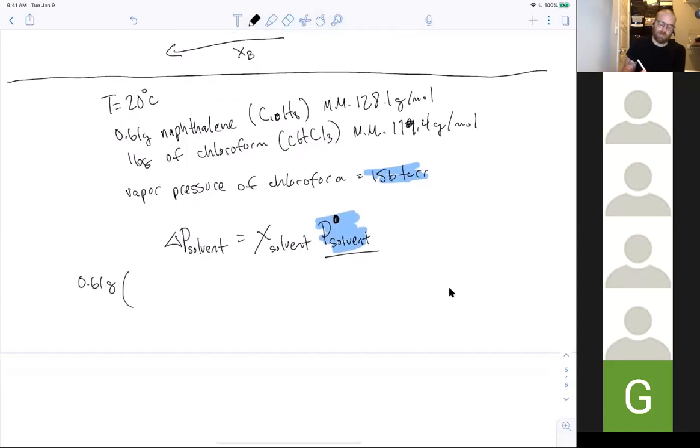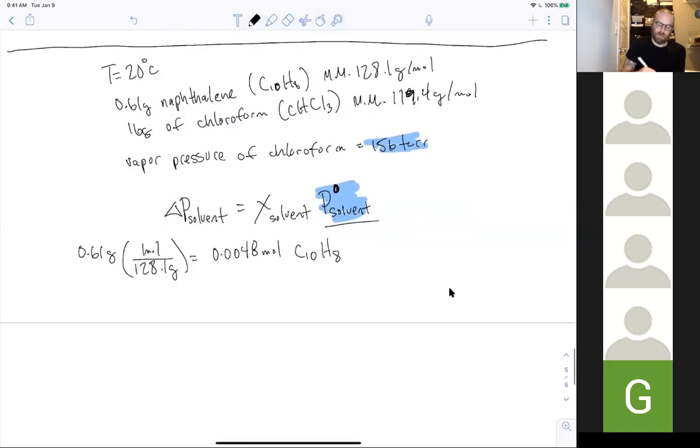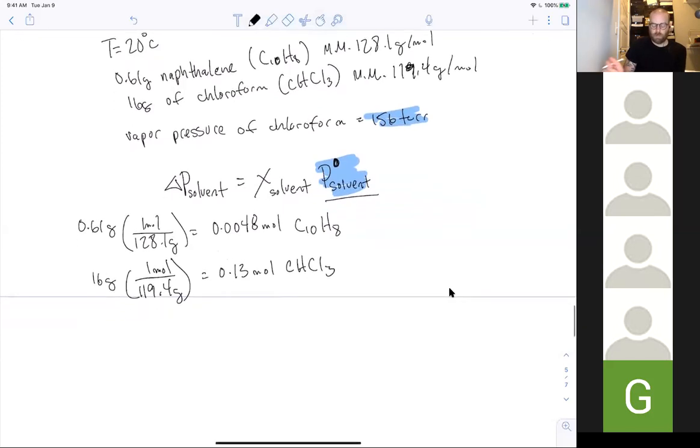I have 0.61 grams of naphthalene, which means that I have this many moles of naphthalene, and then I have that many moles of chloroform.